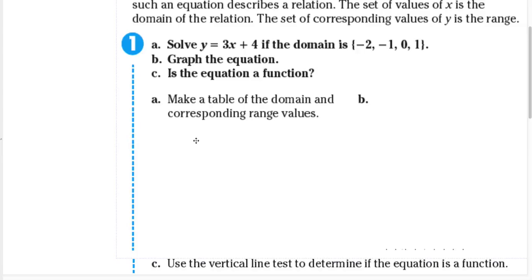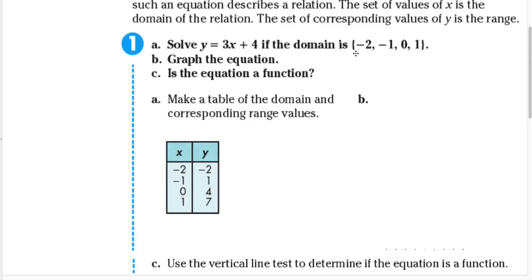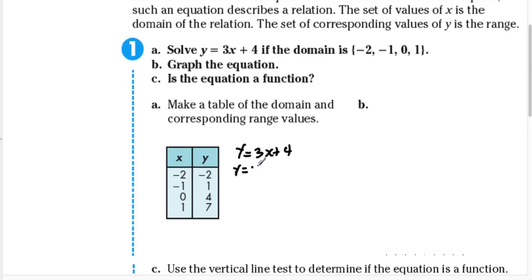When -2 is equated to x, the corresponding value would be -2. Again, if you forgot, this is how we got -2. If x is -2 and our equation is y equals 3x plus 4, then y equals 3 times -2 plus 4, or y equals -6 plus 4, or y equals -2.